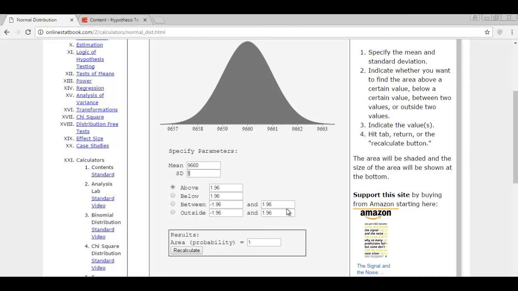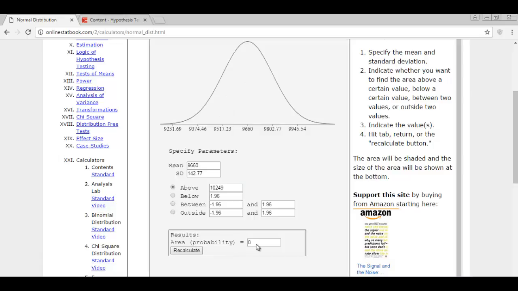If I were to use a free calculator online to calculate the p-value for this, I would click on the normal calculator in Canvas. The mean is 9,660. The standard error, or standard deviation, was approximately 142.77. I want to know the area above the value 10,249, which was my sample.